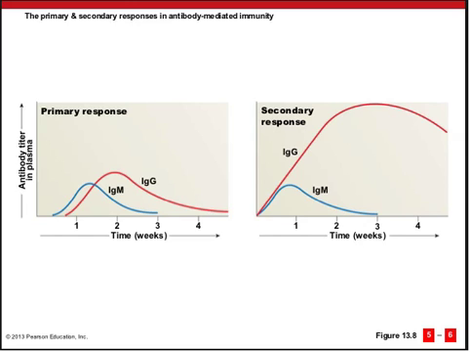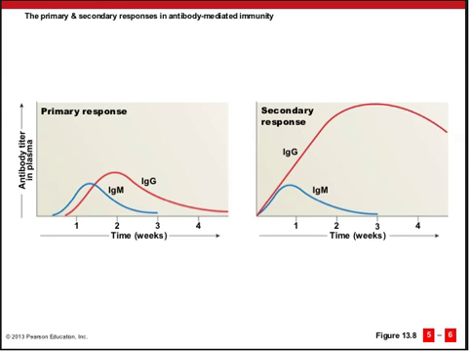The antibody titer peaks 1 to 2 weeks after exposure and declines if it is no longer exposed to the antigen. You can see here with the primary response that the first antibody to kick up is the IgM, and then after about 2 weeks pass, we peak with the IgG as the IgM levels decline.